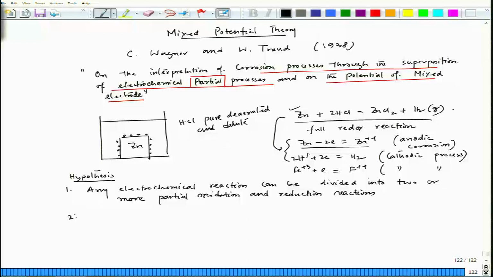This is the first hypothesis by C. Wagner and W. Traud in 1938. This is the hypothesis of mixed potential theory.